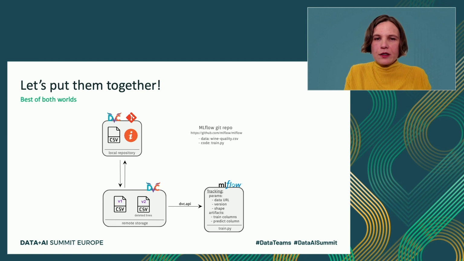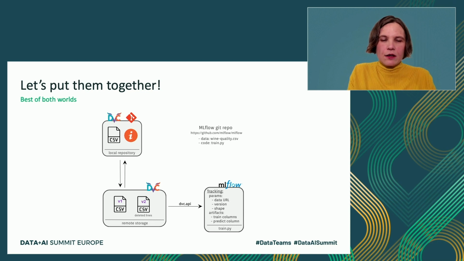So now, how we can use them together to achieve the reproducibility of our project. So first of all, let me say that you need Git installed and a virtual environment with DVC and MLflow. And we will be using the data coming from MLflow Git repository and the code also coming from there. So first we will initialize local repository with the Git and DVC.